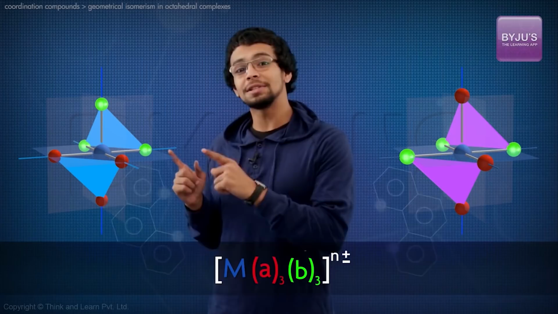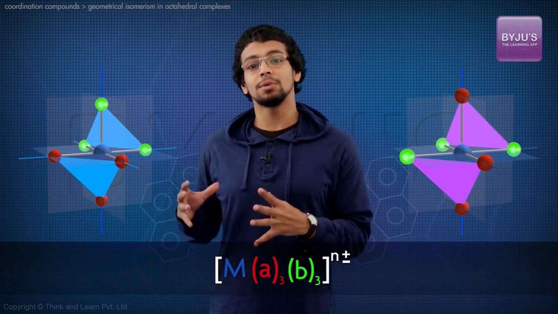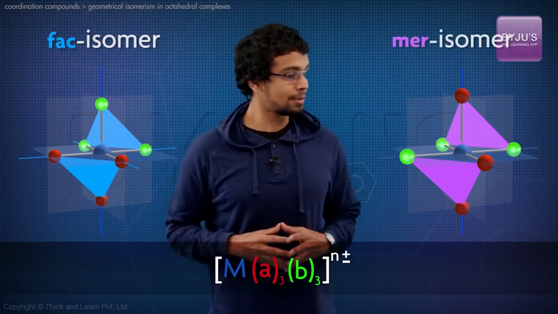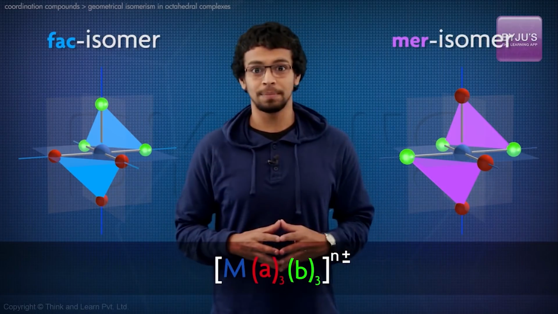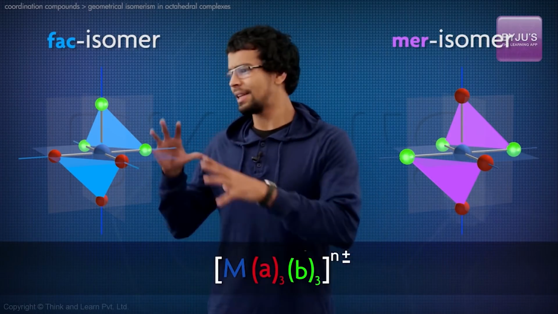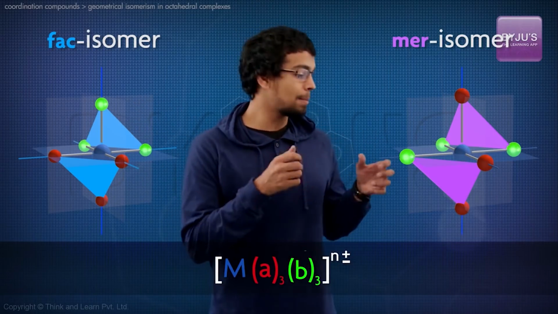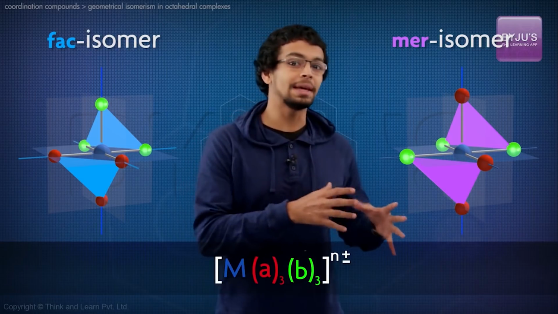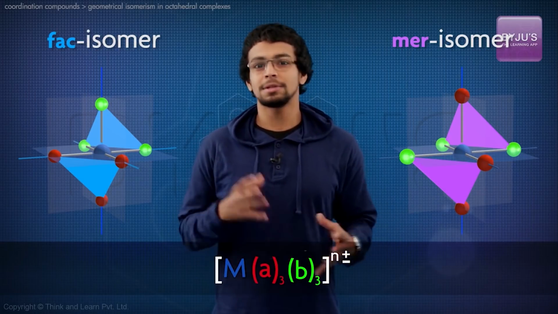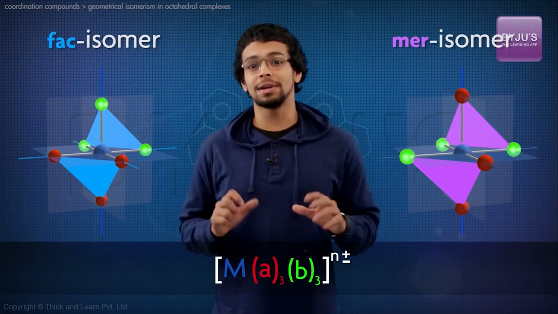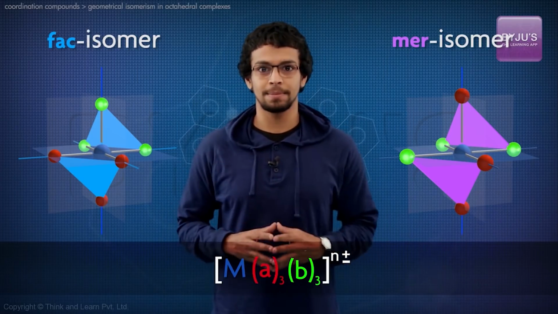Here, where all of them are adjacent by the faces, is referred to as a FAC isomer, and these are referred to as an MER isomer. Now, FAC why? Because they belong to the same face, and here we say they are meridional, which is why the MER. Cis-trans isomerism as such for an MA3B3 is understood in terms of FAC and MER isomers.